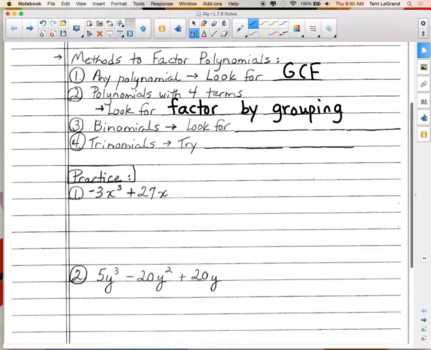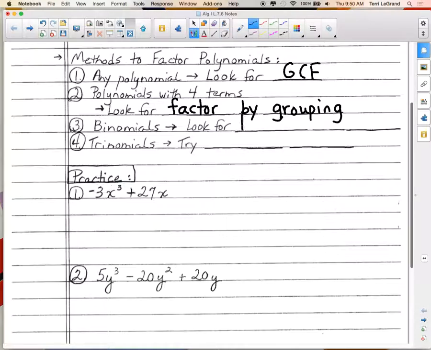The binomials, we're going to look for a perfect square trinomial. Oh, no, what am I doing? I thought that sounded wrong. Binomials aren't trinomials, they can't be both.